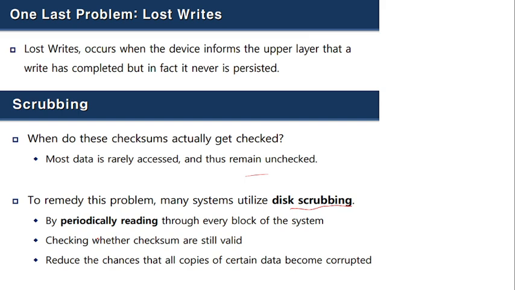The remedy to this problem is that systems utilize disk scrubbing, periodically reading through every block of the system, checking whether the checksum is still valid, reducing the chances that all copies of certain data become corrupted.